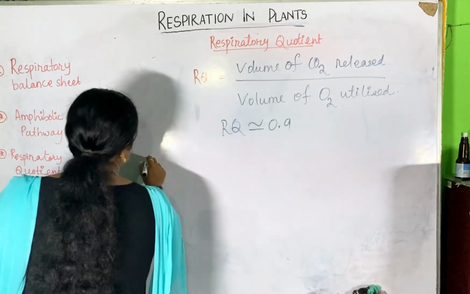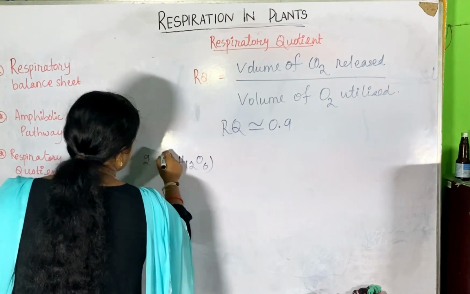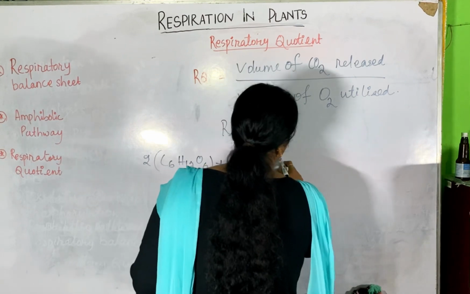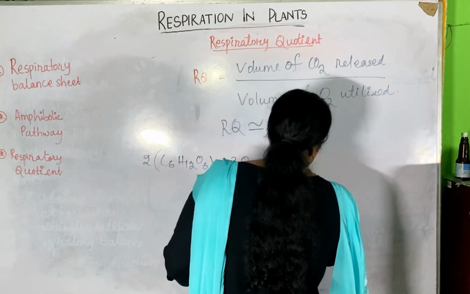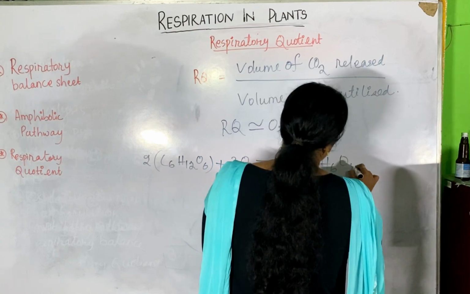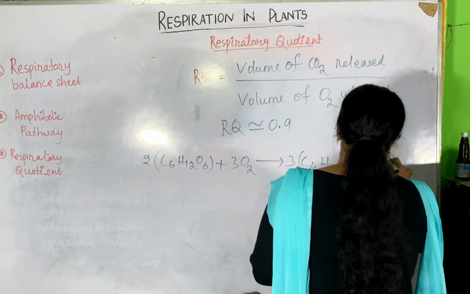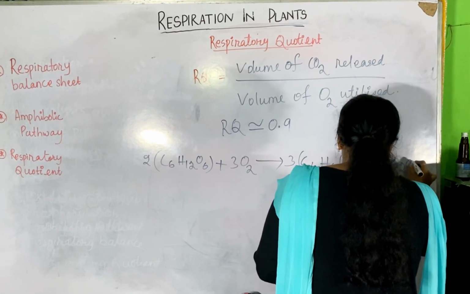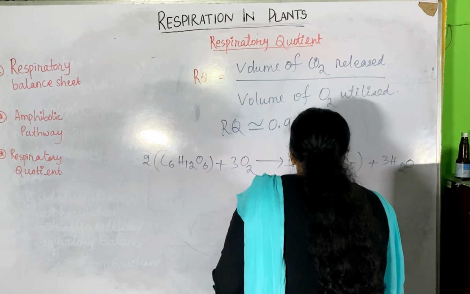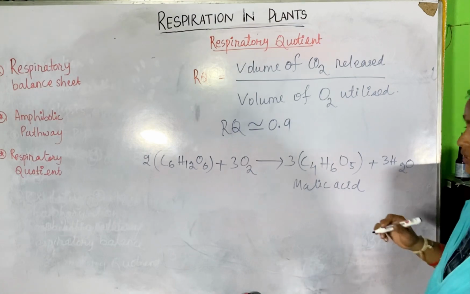So here 2C6H12O6 plus 3O2 will form malic acid, that is C4H6O5, 3 molecules of malic acid, along with 3 water molecules. This is malic acid. So here let's calculate the respiratory quotient.